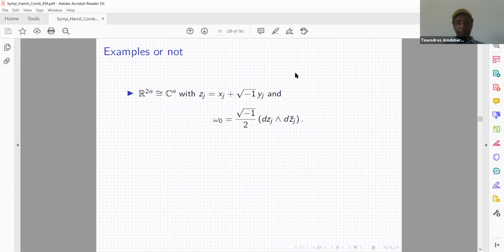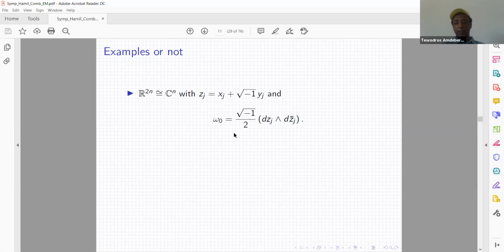We need examples. A typical example would be the 2n-dimensional real space, or equivalently, the complex n dimension, where they are related this way. Now, thanks to Doron, I can use this notation now, where j is repeated, therefore this is summation from 1 up to n in complex variables.